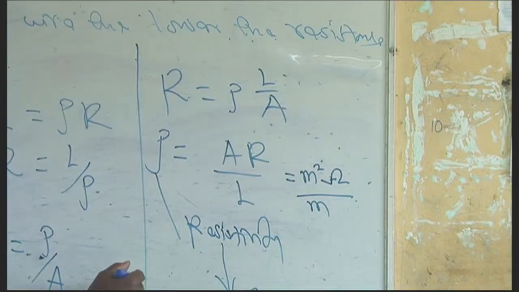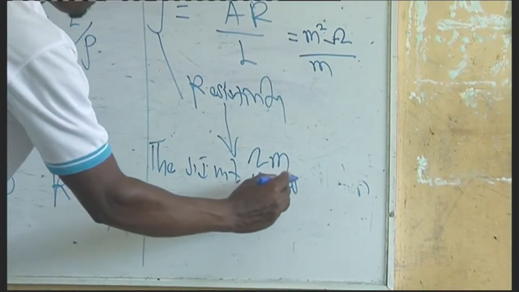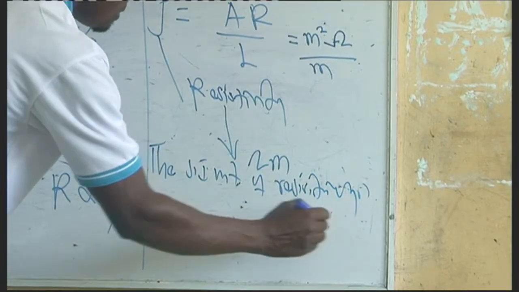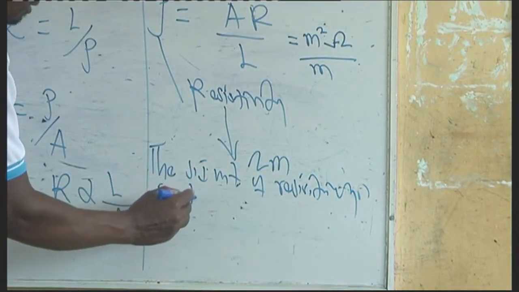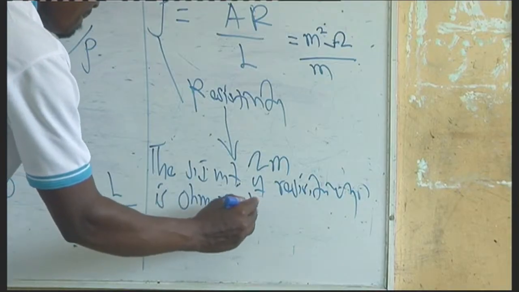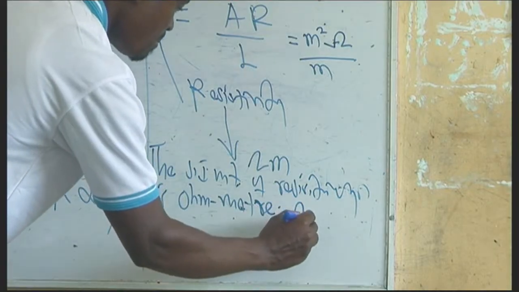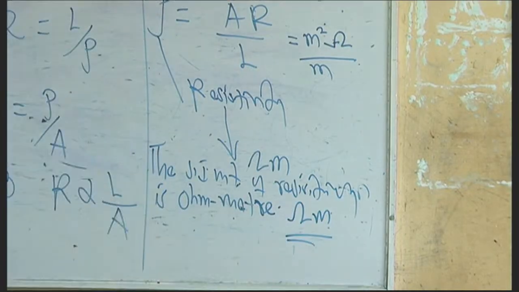So we can say the SI unit of resistivity is ohm meter, written as ohm meter.